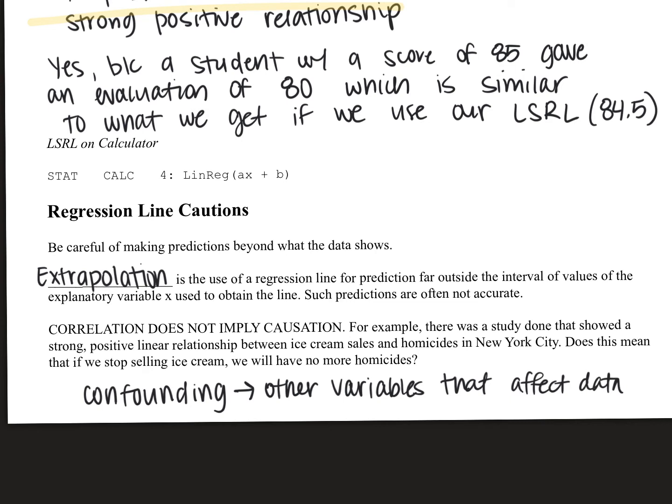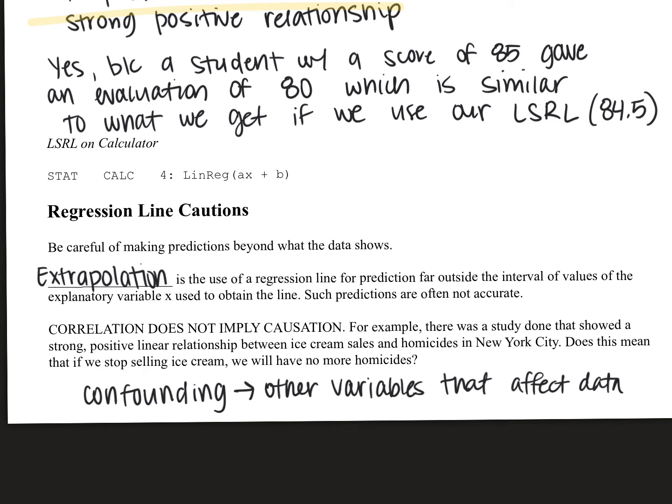Okay. So there are other reasons why ice cream sales and homicides in New York City increase during the summer. It doesn't mean that selling ice cream causes more murders. One thing, it's a lot hotter in the summer, so ice cream is sold a lot more.